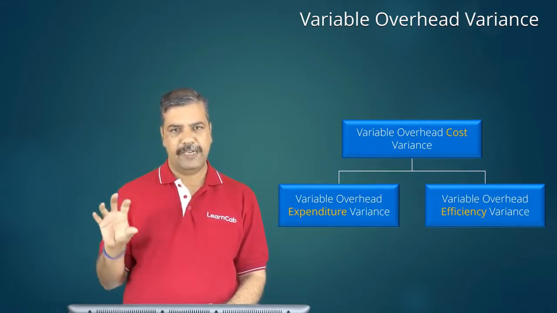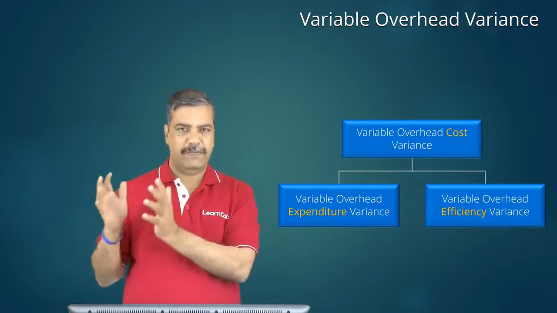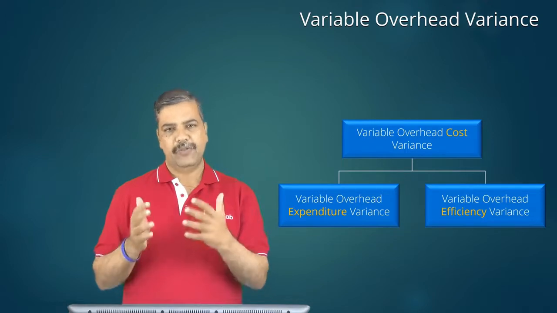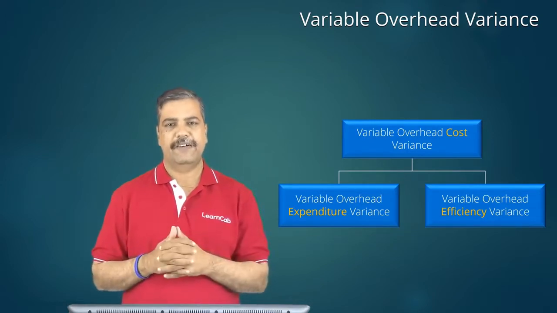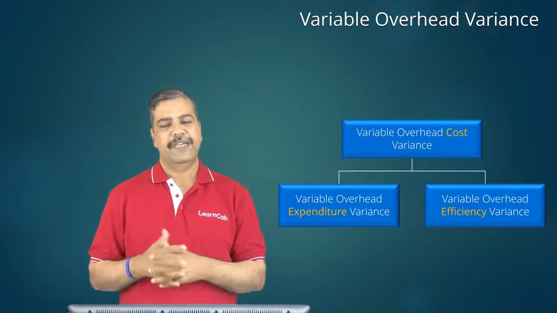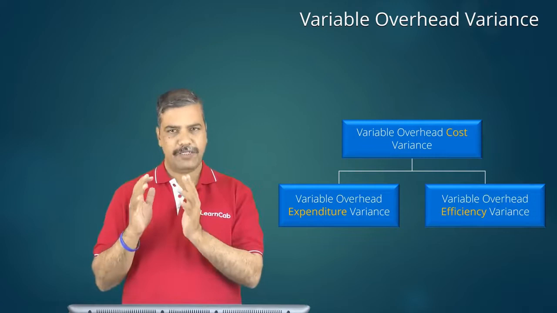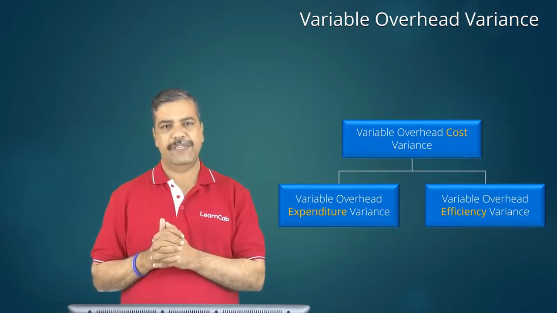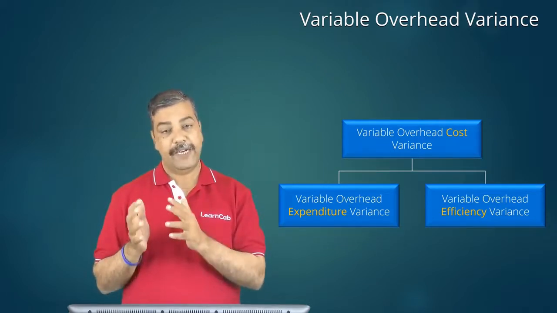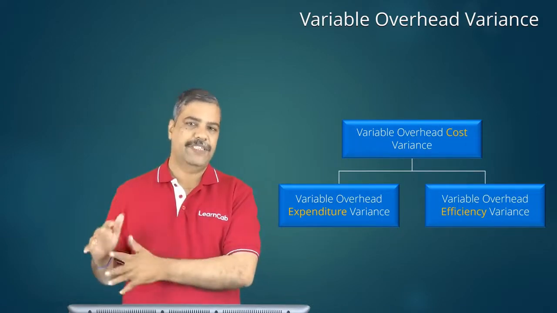We need to analyze variance in the first two things, that is fixed and variable. Then we need to go for further study of what variable overhead variance means. In that, we need to analyze what the variable overhead cost variance is, what the variable overhead expenditure variance is, and what the variable overhead efficiency variance is.